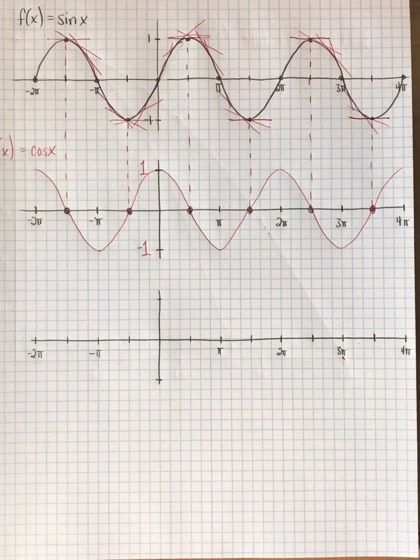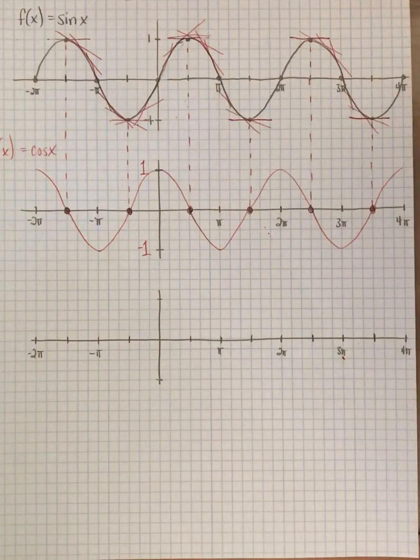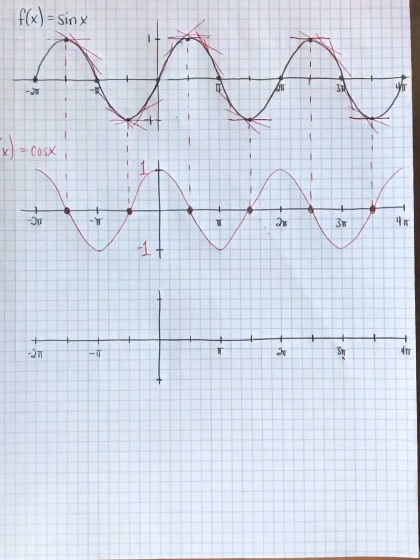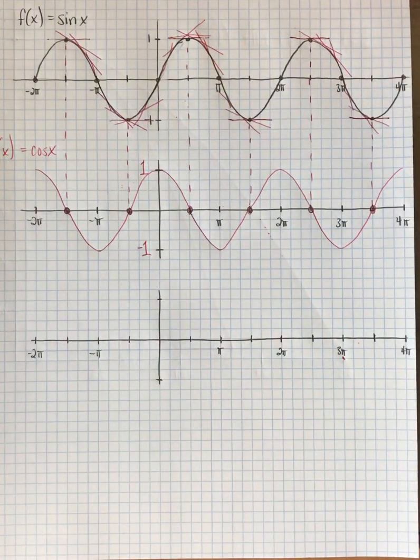Now, cosine of x is another basic function, so we would want its derivative as well, but that's actually very easy to find. We can follow the same basic procedure, but this time we'll do it down to the third set of axes below it.